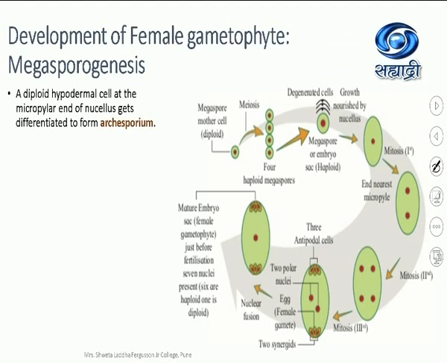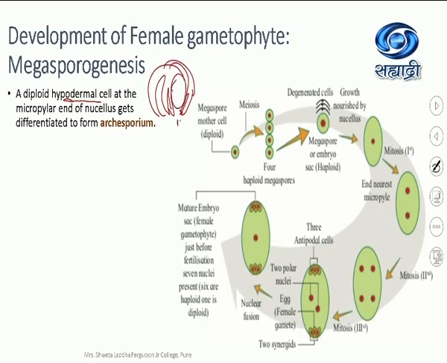A diploid hypodermal cell at the micropylar end of the nucellus gets differentiated to form archesporium. Let me explain again. Hypodermal: hypo means below the epidermis, towards the micropyle. Do you remember, this is the anatropous ovule, this is the bitegmic, this is the micropyle, this is the chalazal end, the nucellus.